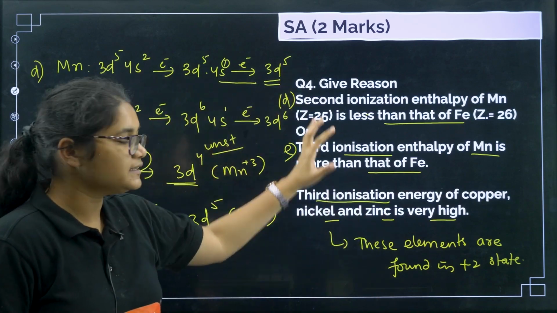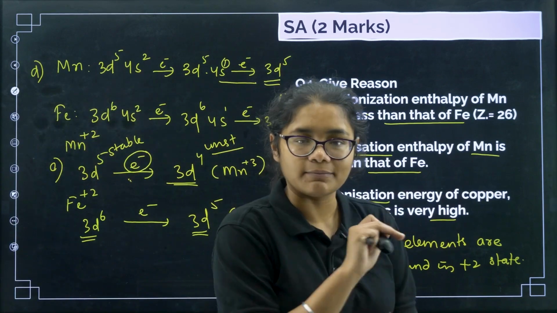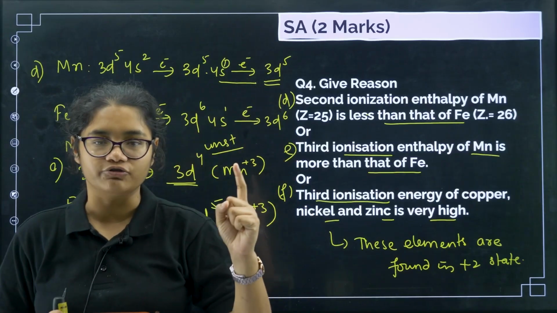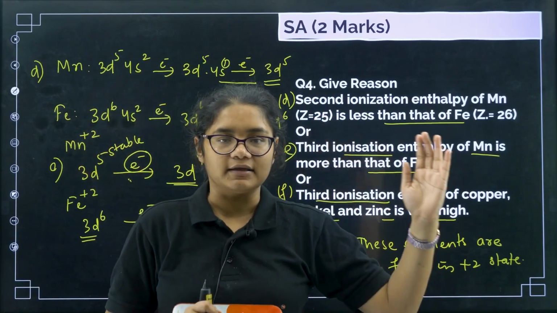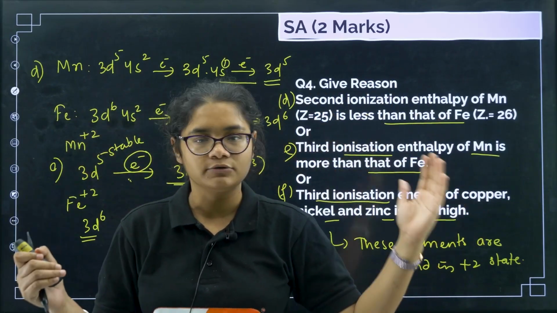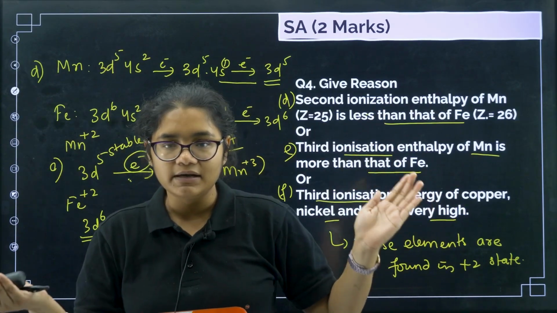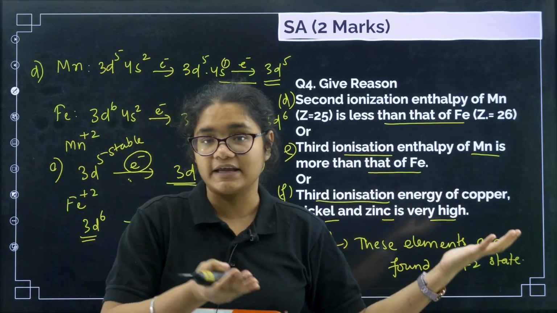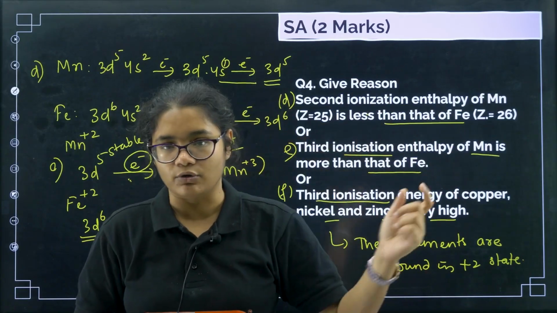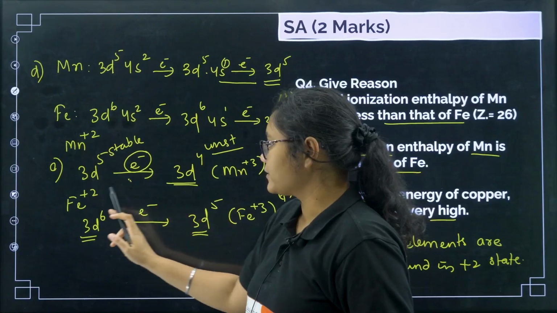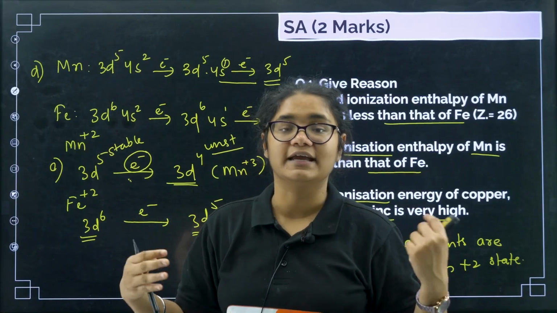So now students, in these type of questions, you do not have to remember these answers at all. The only thing that you need to use is your logic. I'm talking about ionization enthalpy. If anything is unstable and it is gaining stability by removing one electron, like for example Fe+2 to +3, if you remove one electron, it is gaining stability.